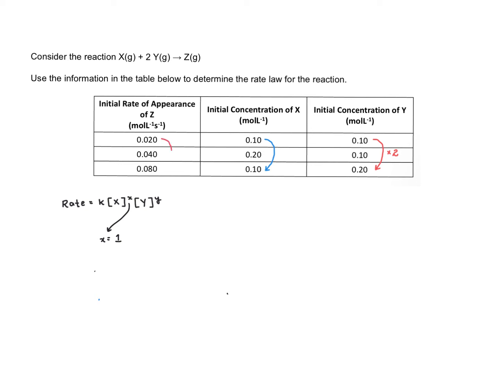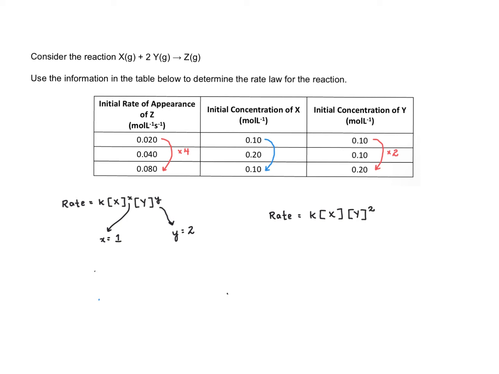For the same trials, we see that our rate has increased by a factor of 4. So every time we double our concentration, our rate increases by a factor of 4, which implies that the exponent on y is going to be 2. So we can rewrite our rate law as the rate is equal to k, our rate constant, times x times y squared.